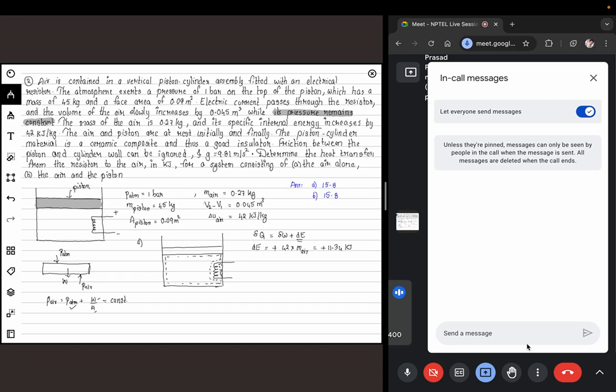So what are all the kinds of boundaries that I have here? If I write del Q, I need to consider each and every boundary element and add them up. So can you list them down? The first one is between the resistor and the air.